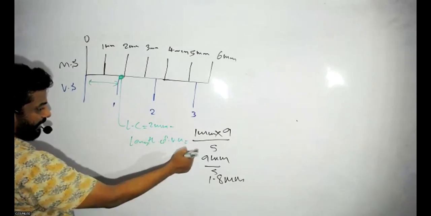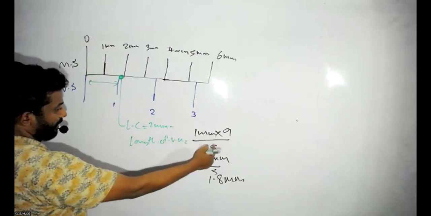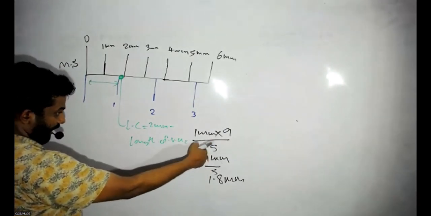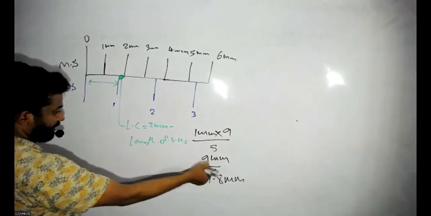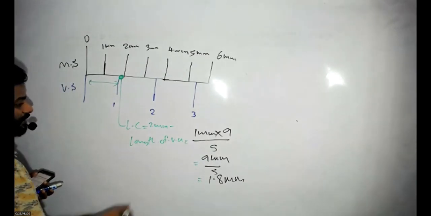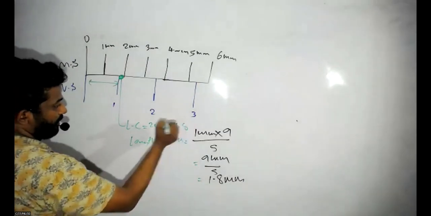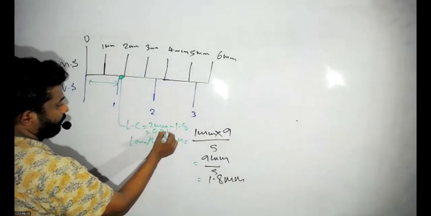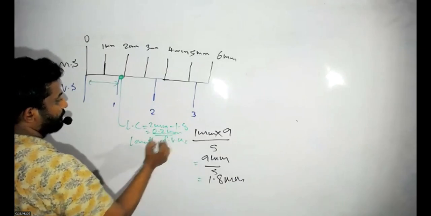Here the vernier scale is constructed by dividing 9 millimeters into 5 divisions. That is, the length of a vernier division is 1.8 millimeter. Then the least count is 0.2 millimeter.